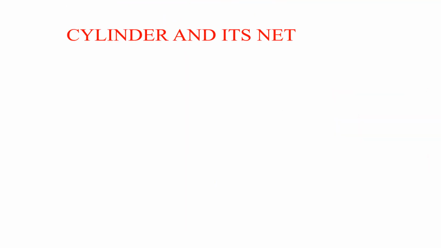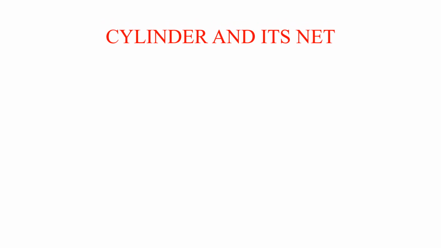Now we want to look at the net of a cylinder. When we talk of a net in mathematics, we mean a 2D representation of a 3D object that can be folded to form the actual shape.